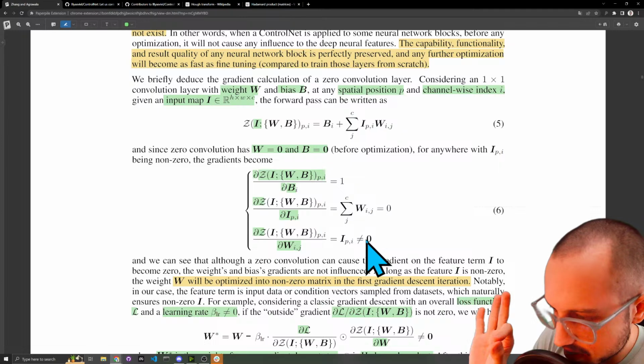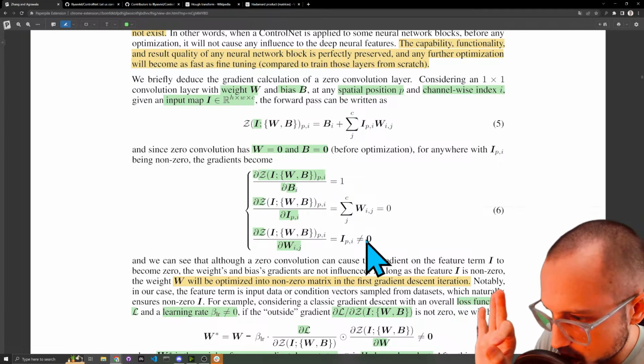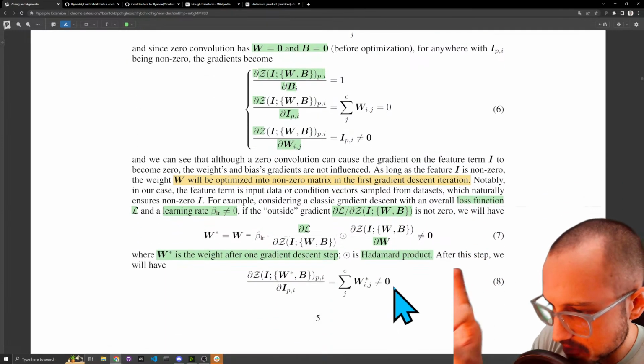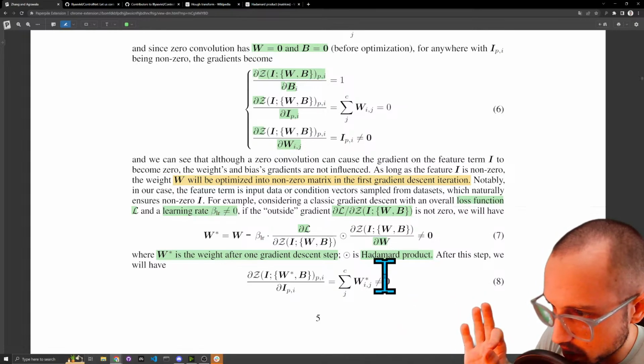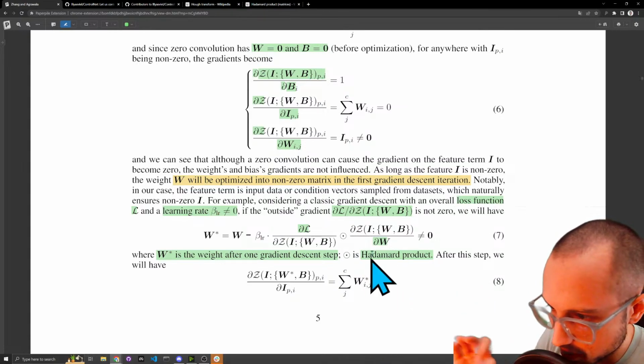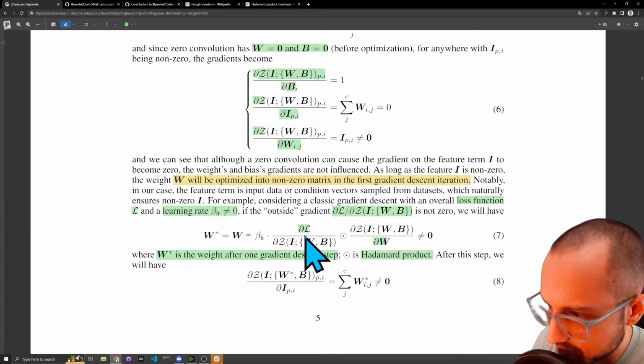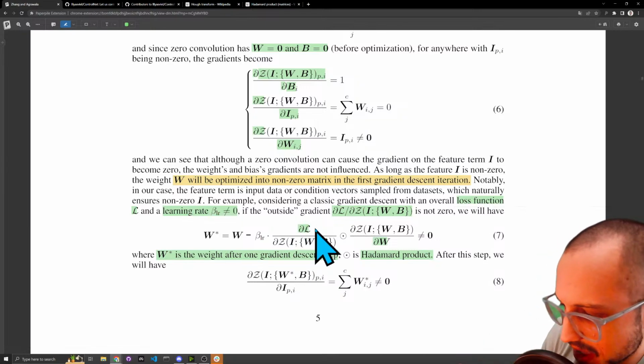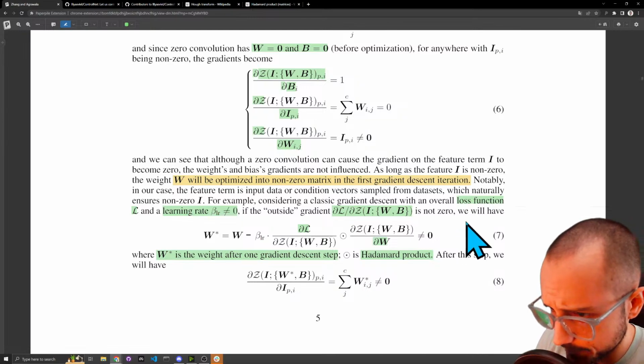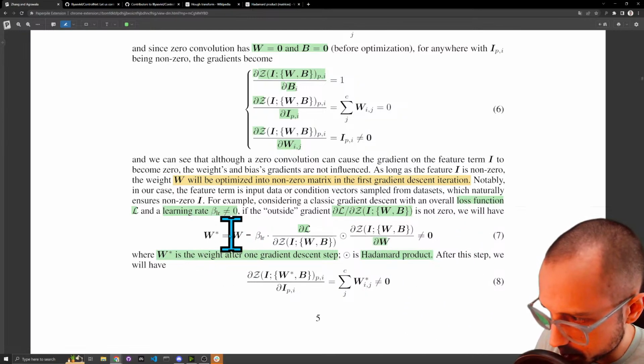You have some loss, and if you changed the weights in a specific direction, the loss would go down. So all you're doing is finding the gradient, the direction in the loss space that you want to move your little weights. So that's what you're doing here. You're changing your weights.